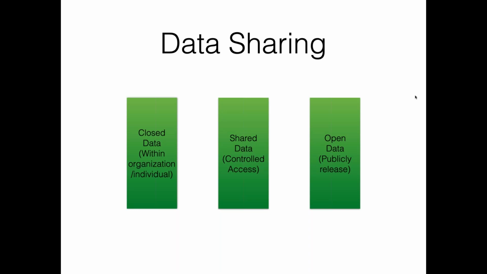One where you have data within the organization, which is when you're not sharing it at all, and this is called the closed data. We have another condition on the extreme opposite end, which is sharing it publicly with everyone, which is open data, and this is released publicly.